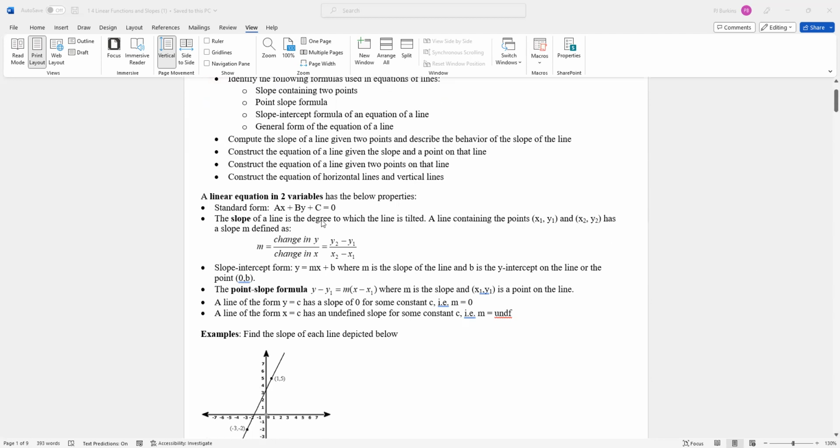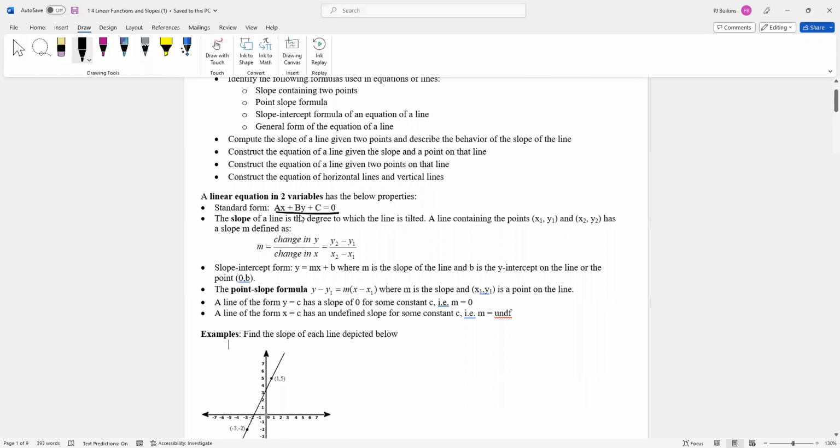All right, so they tell us here that the standard form of a linear equation of two variables is ax plus by plus c equals 0. And you're not going to see equations written that way very often. What we are used to is the slope intercept form, which is y equals mx plus b.